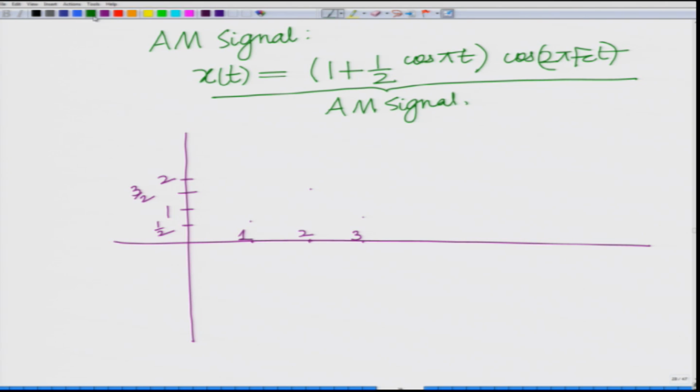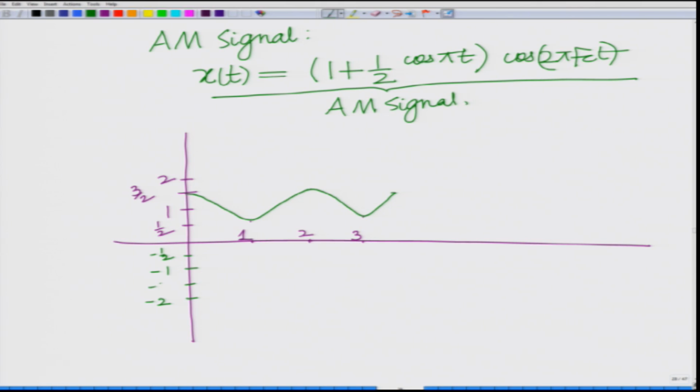So, if I join these points now, I have some signal that looks like this. Now, let us reflect this, let us construct its mirror image about the origin.